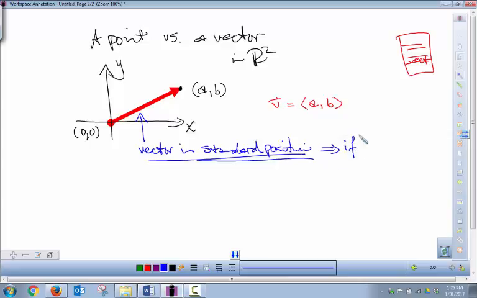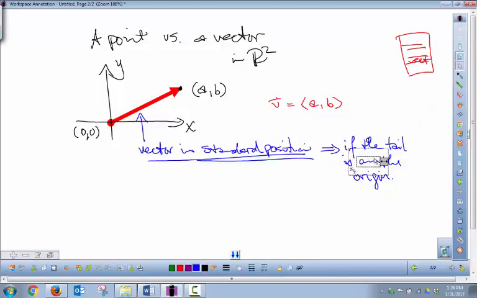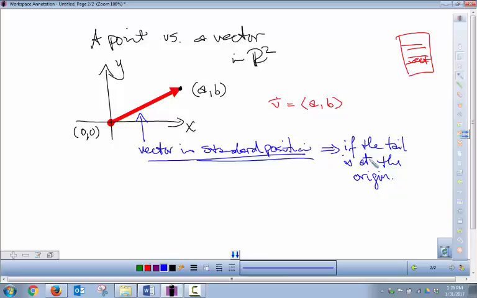A vector is in standard position if the tail is at the origin. Is it at the origin or on the origin? Let's use at. I think at is better. It's positioning, right? So if the tail's at the origin, then we say that the vector's in standard position.